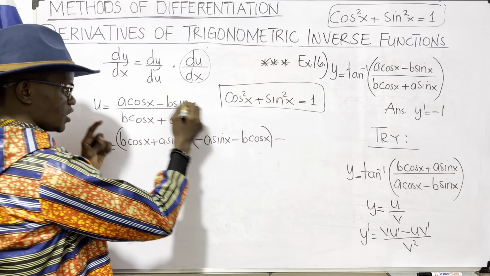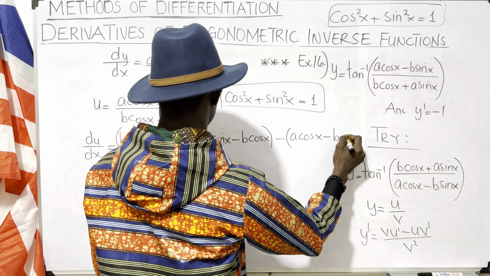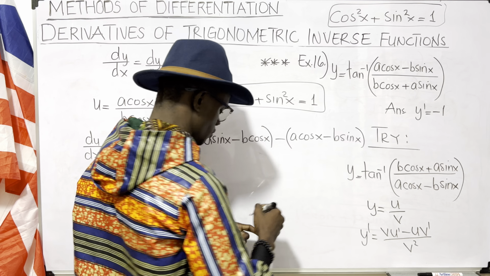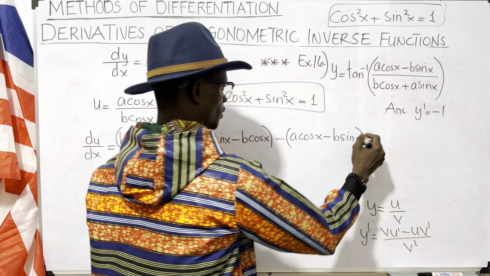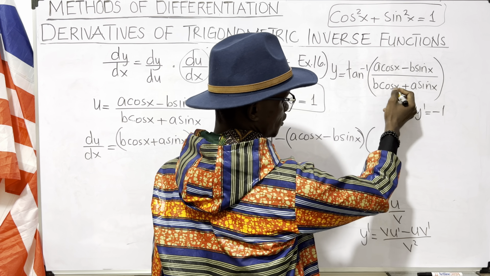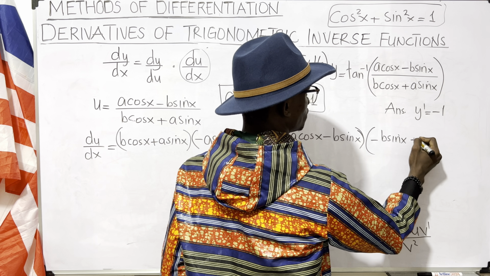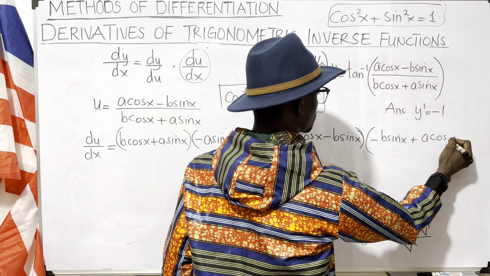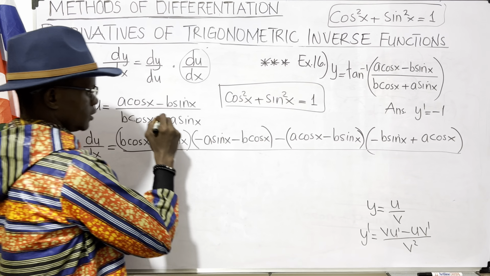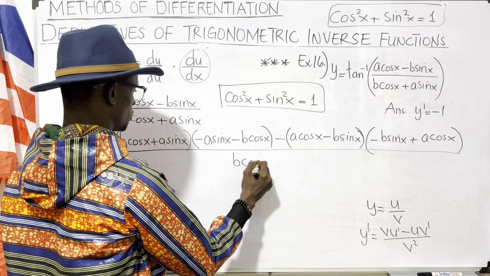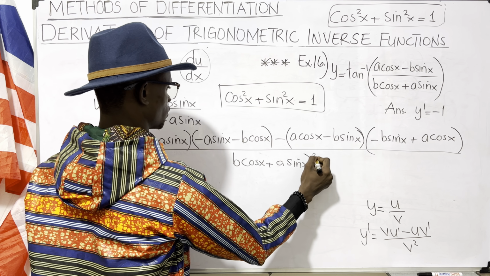Minus, we hold the numerator, a cos x minus b sin x, and differentiate the denominator. The derivative of b cos x is minus b sin x, and then plus a cos x, all divided by the denominator squared, so it's (b cos x plus a sin x) squared.